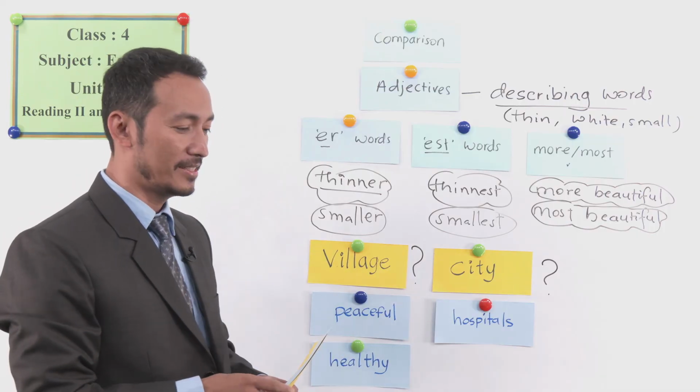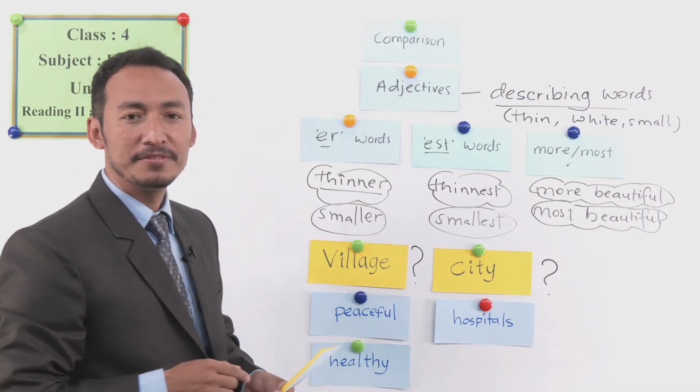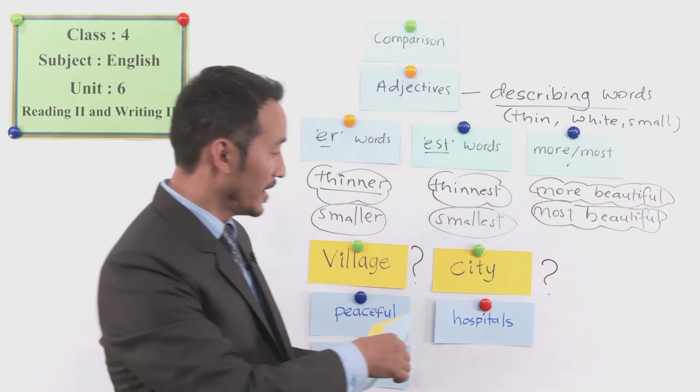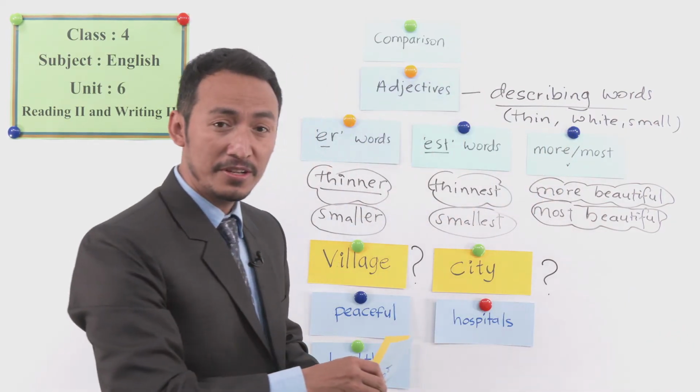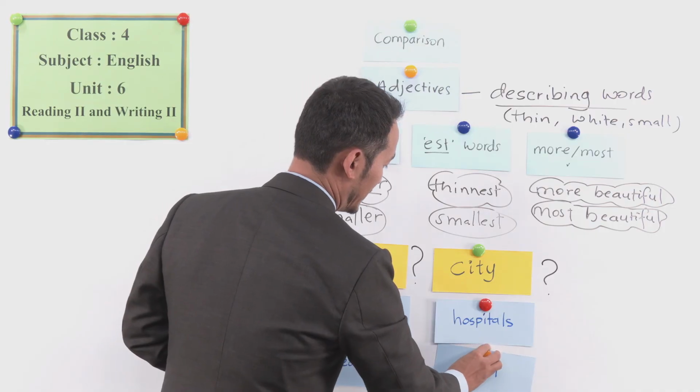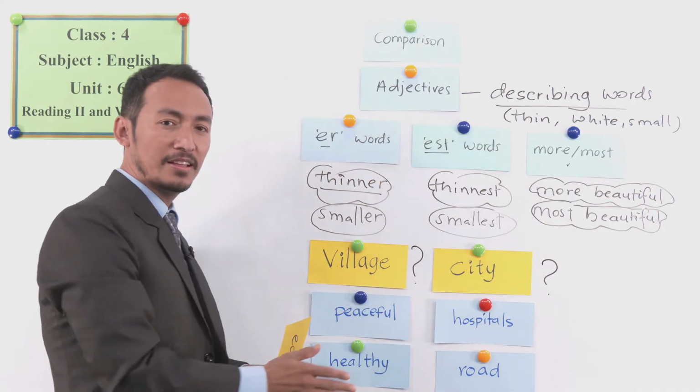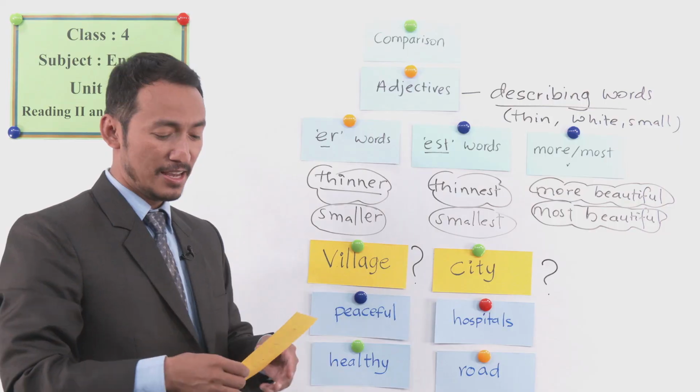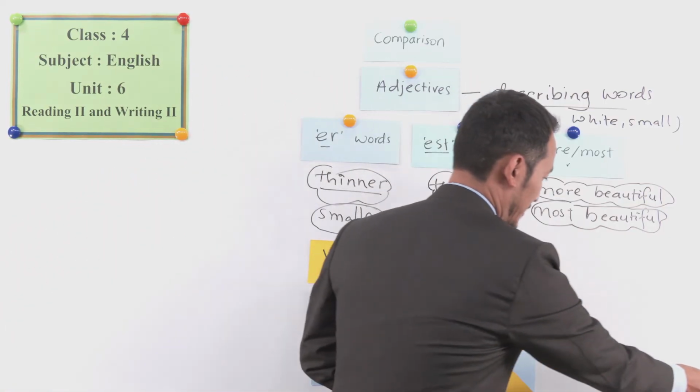Okay, so we can say healthy life is in village. And we have very good facility of road and transportation in cities. So this is the good part of city. Okay, and what about education?